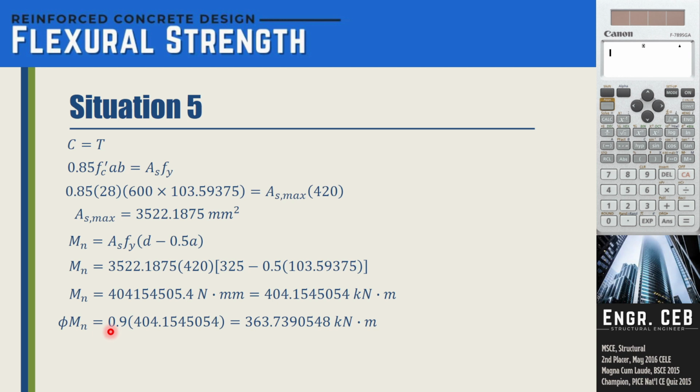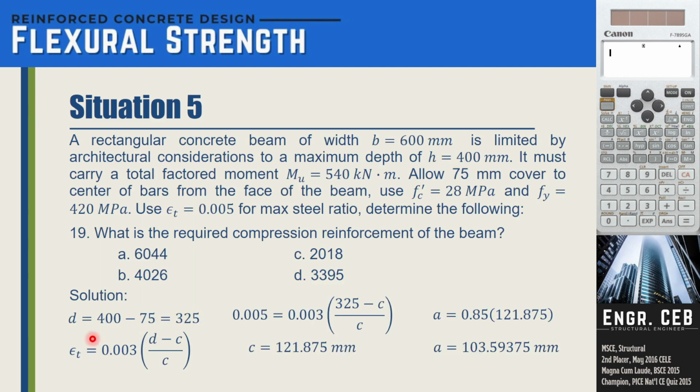φMn equals 0.9 times 404.1545054. As you can see, we no longer check the value of the reduction factor. We directly proceeded to a value of 0.9 because our strain is 0.005.